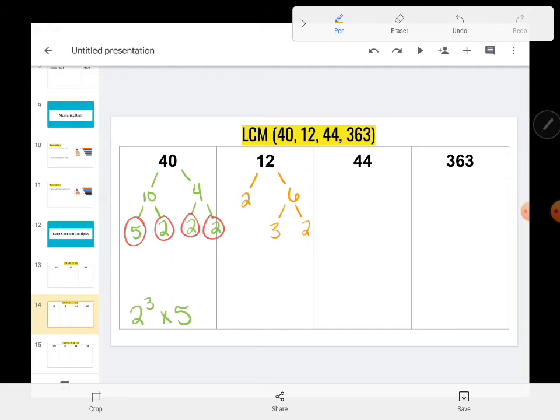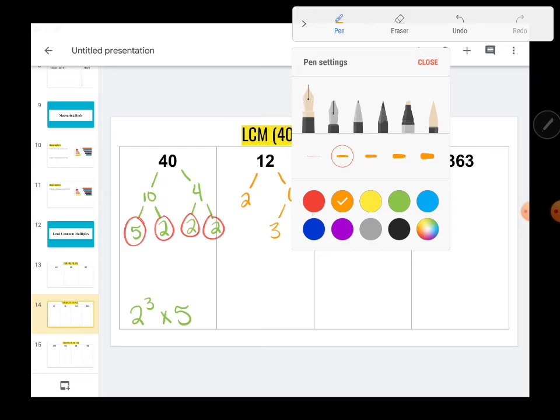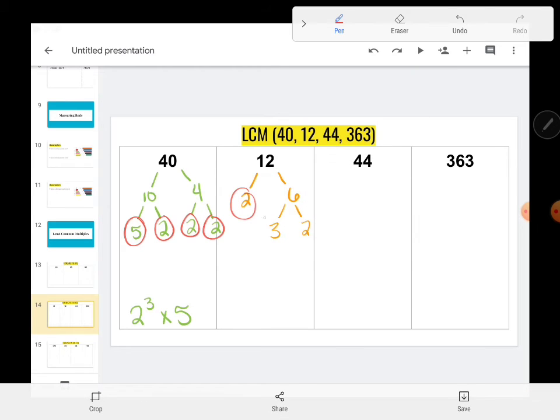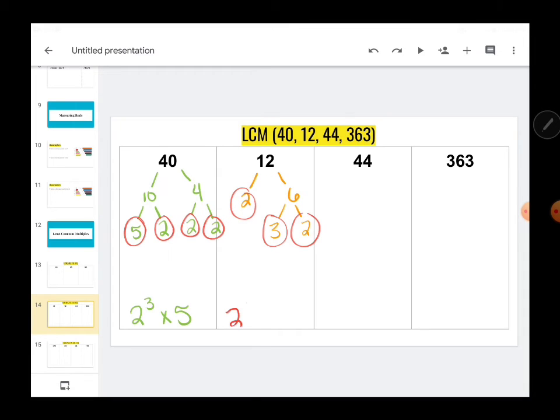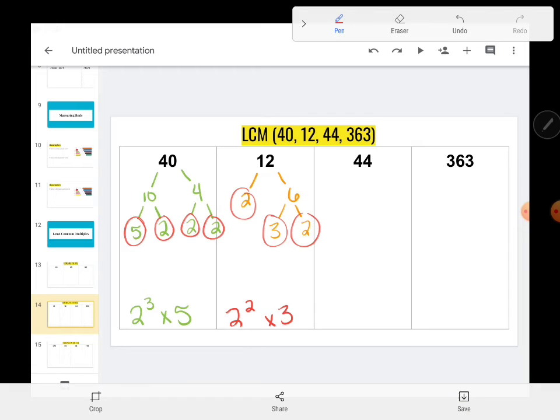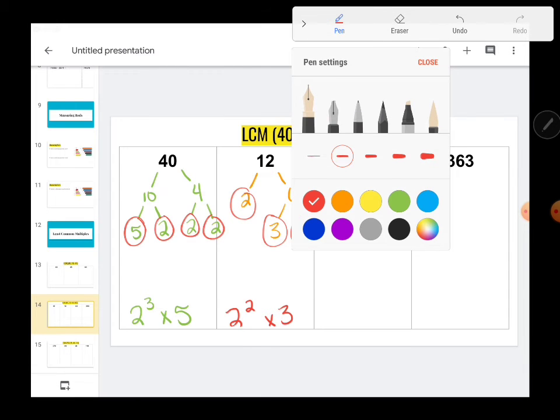And now all we need to do is multiply our 2, our 3, and our other 2. Well, we have 2 2's, so we can do 2 to the 2nd power times 3, and that will be our solution for this number. This is our equation for this number.